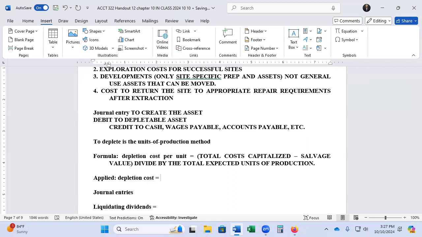And then in order to come up with our depletion cost, we have to apply it. And so we use the actual units extracted and we multiply it by the depletion cost per unit.